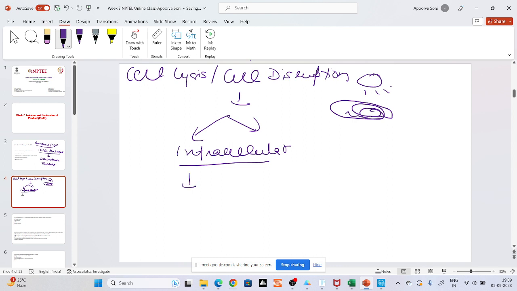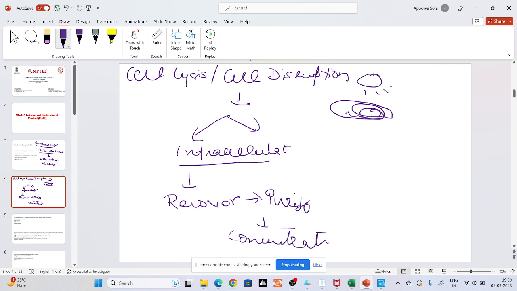Now what I will do is try to recover it. For recovery we have many things. Then I will try to purify it, and after purification I will try to concentrate it. There are many different methods of purification, of recovering, of concentration.